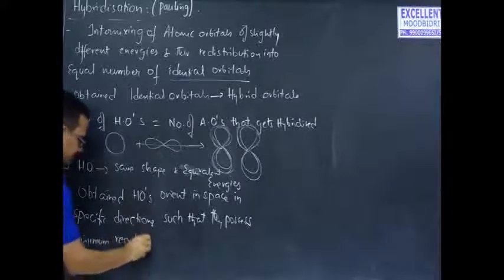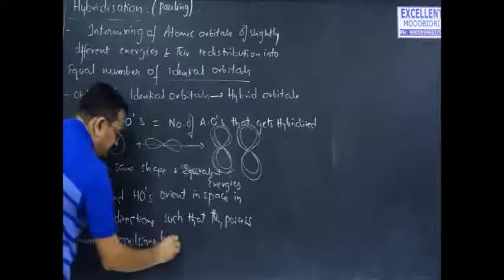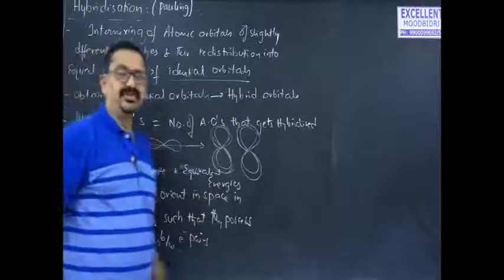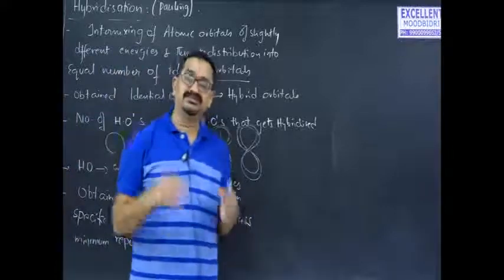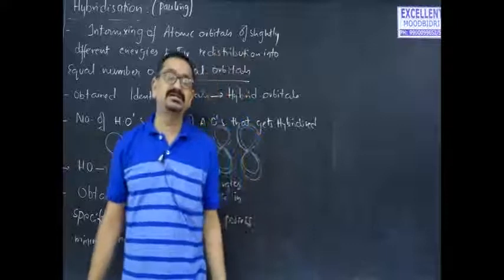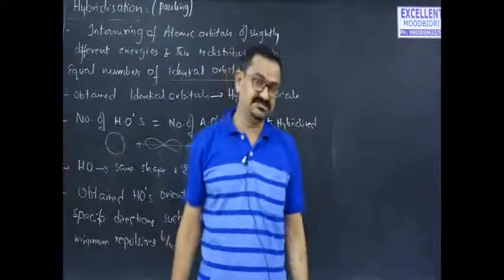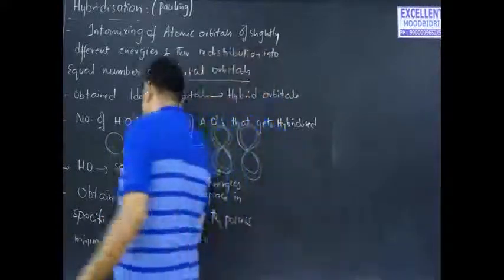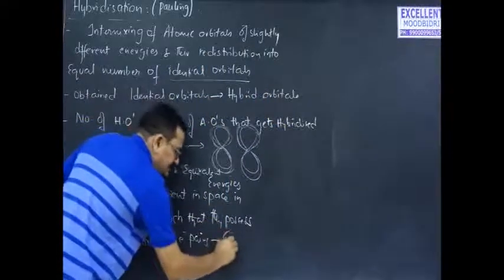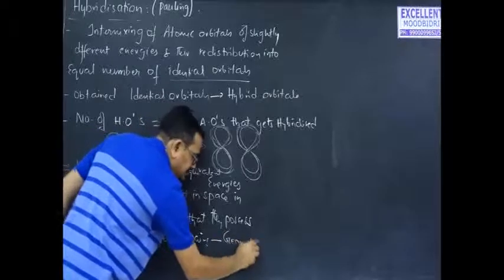They possess minimum repulsion between electron pairs. In such a way, these obtained hybrid orbitals will orient themselves in space so that the repulsions between them are minimum. And such a spatial arrangement of these obtained hybrid orbitals is termed geometry.